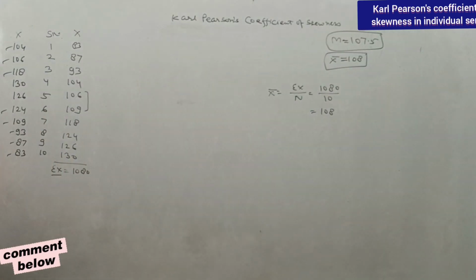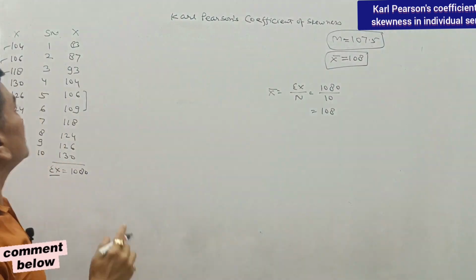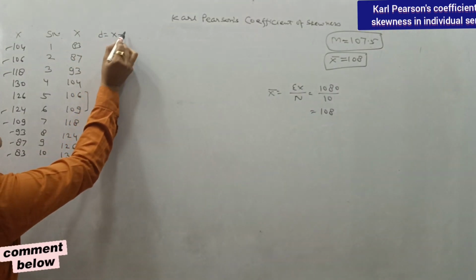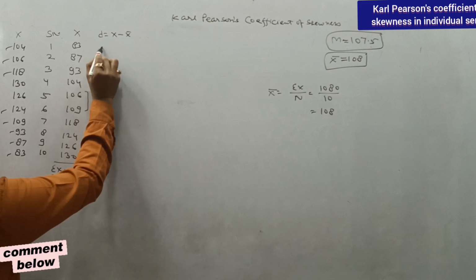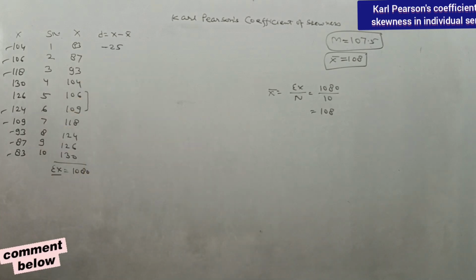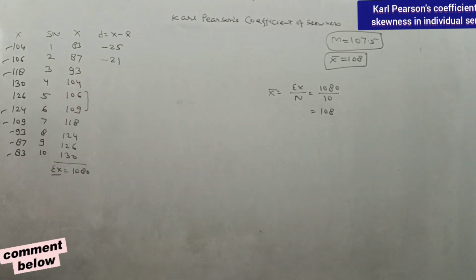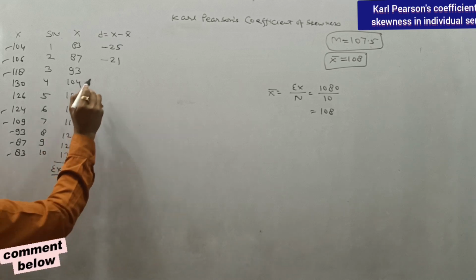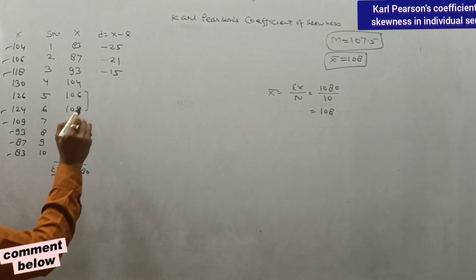Now we can have the standard deviation with the direct method also, because the mean is not in points, so we do not want so many calculations. We can use this: d is equal to x minus x bar. So 83 minus 108 is minus 25. 87 minus 108 is minus 21. 93 minus 108 is minus 15. 104 minus this is minus 4.